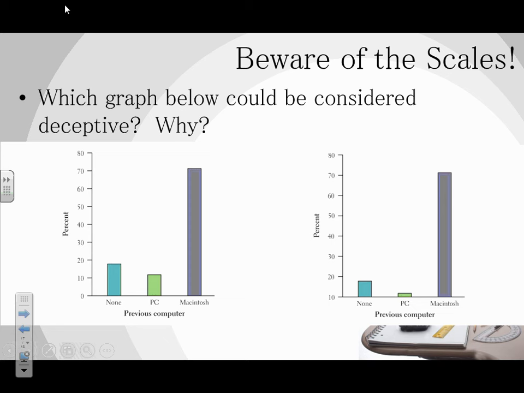Yeah, like 3, 4, 5 times bigger, right? When in actuality, how much bigger is it actually? Like less than 2 times bigger, okay? By simply changing the scale 10 units, 10 percentages, they have completely changed the dynamic between the different categories. So you want to be very careful with how you represent things on a scale.